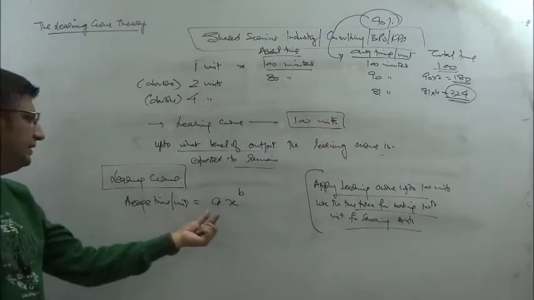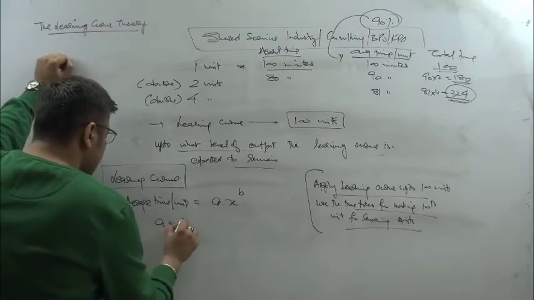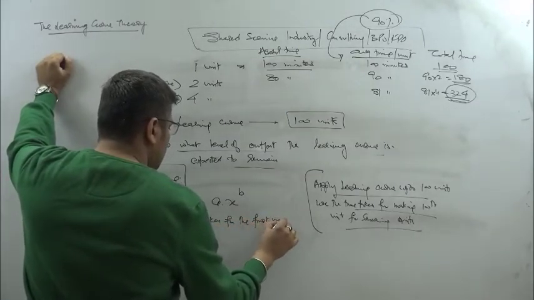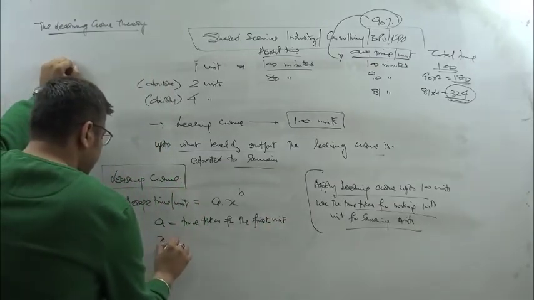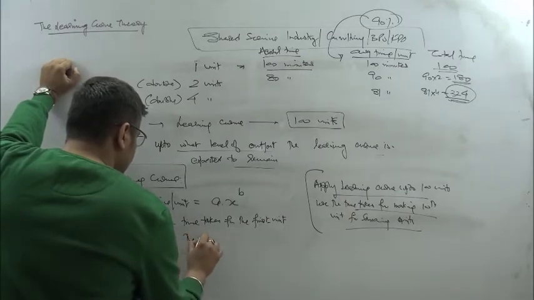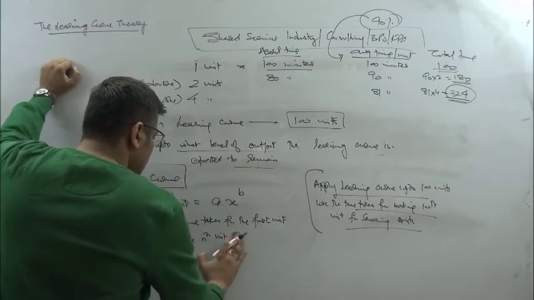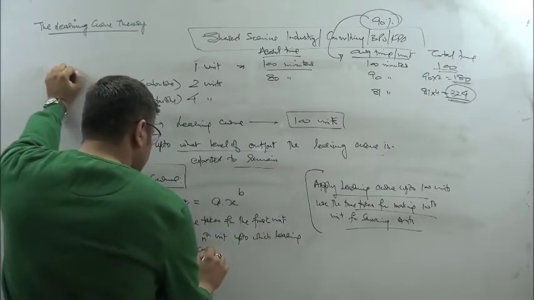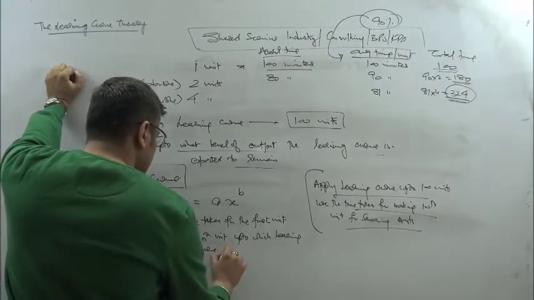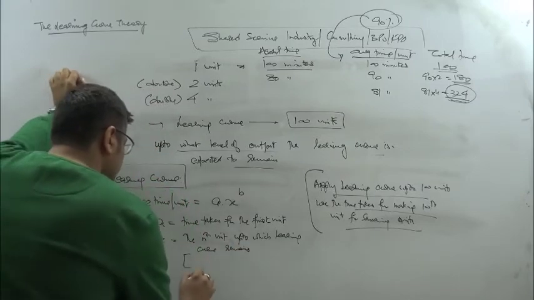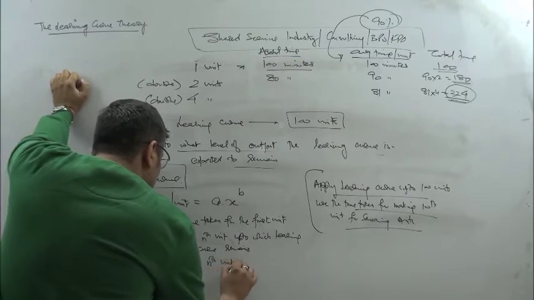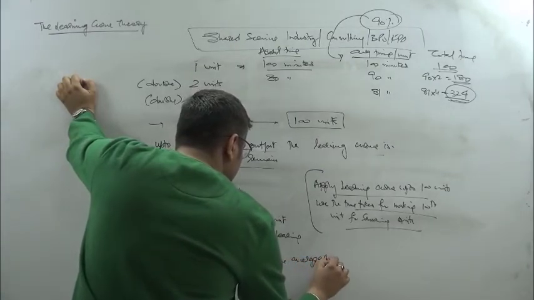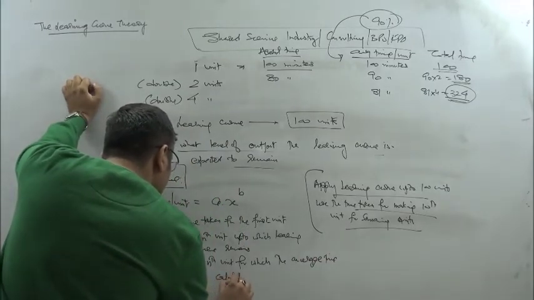Okay, average time per unit would be a times x to the power b, where a is the time taken for the first unit, x refers to the nth unit up to which learning curve remains, or I may even say the nth unit for which the average time is calculated.